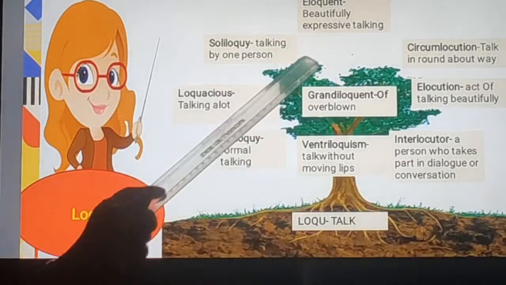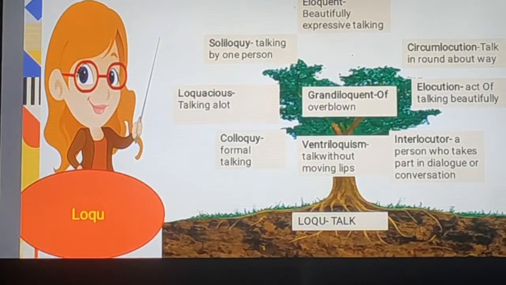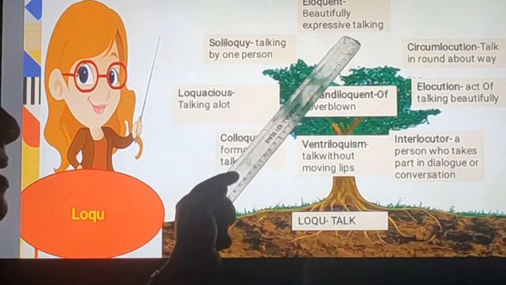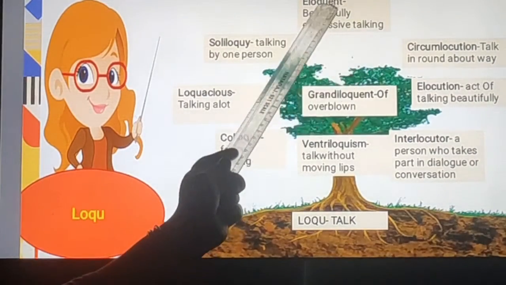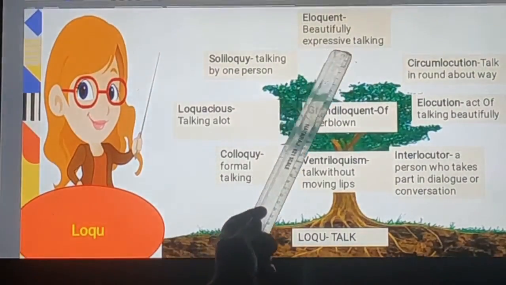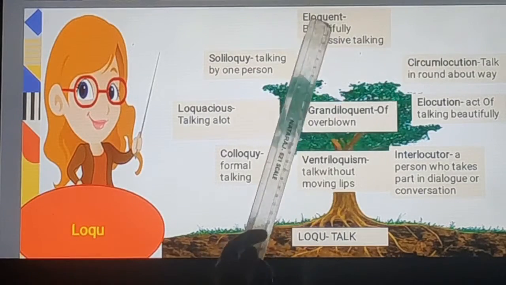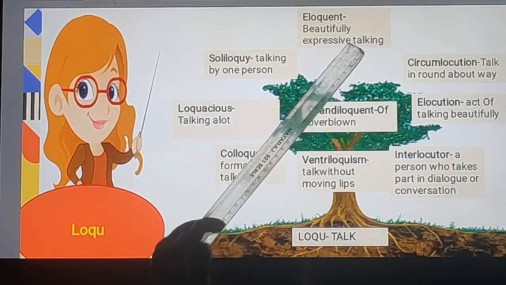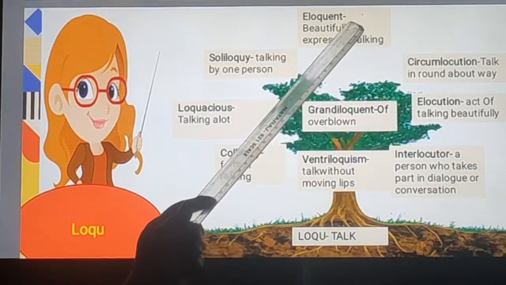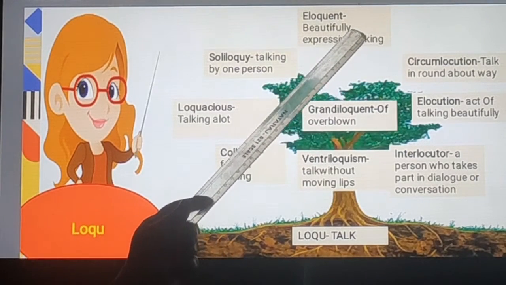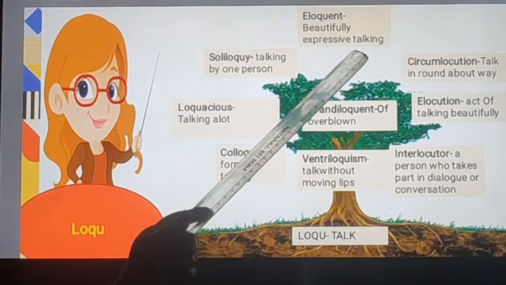First one, eloquent. Eloquent means beautifully expressive talking. Do you understand? Somebody who talks very beautifully and expressively, we call them eloquent talkers.